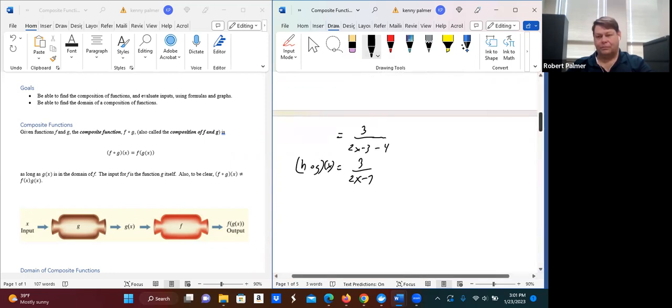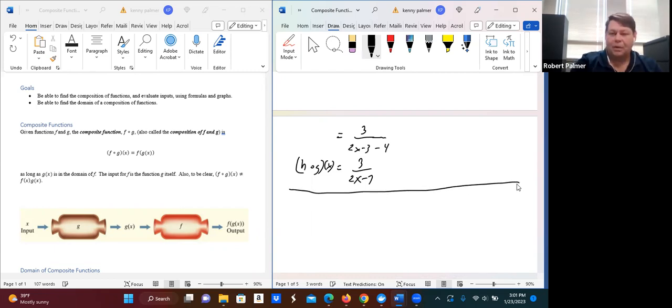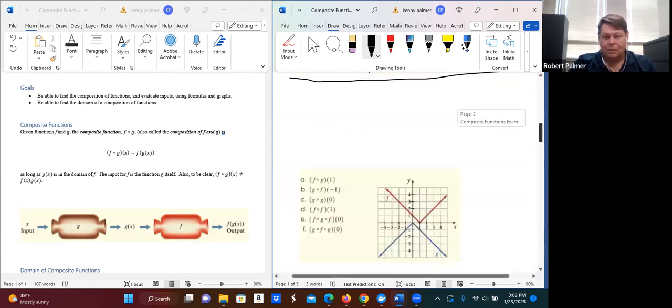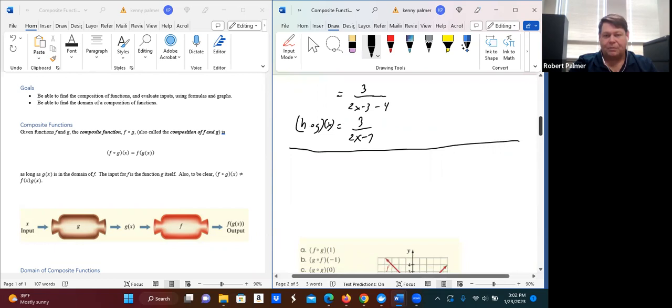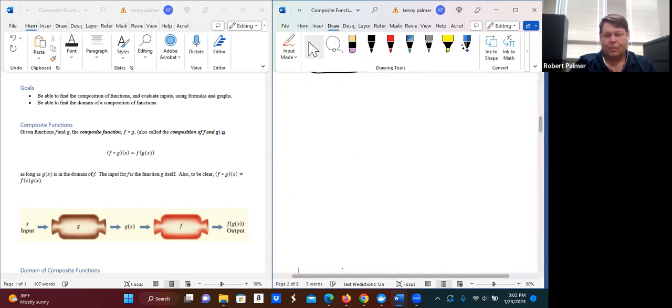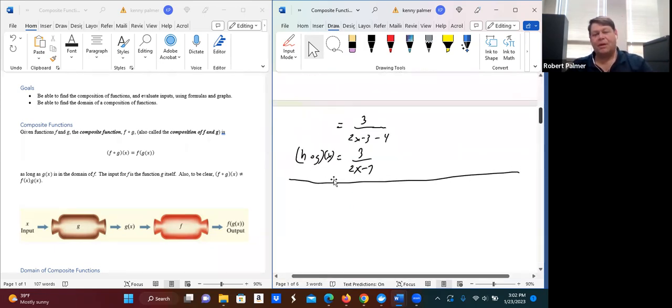Okay. Now, let's mention one thing about inputs. So if we have a function like this, let's talk about how we can do an input. Let's do an input and show a couple ways we can do that. So what if I have an input?